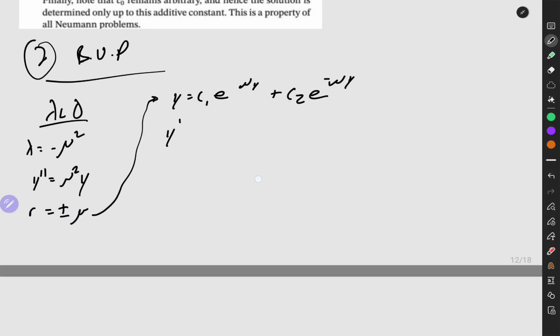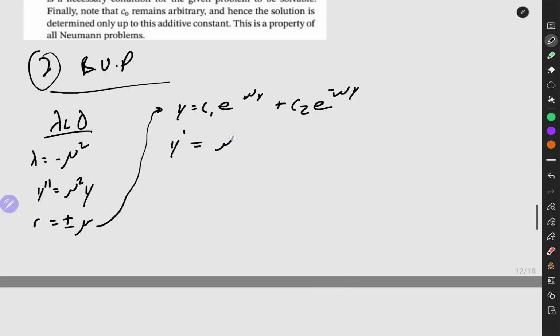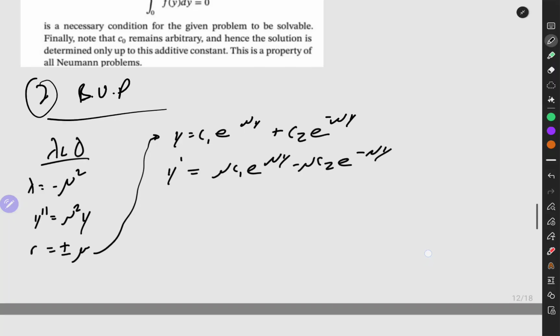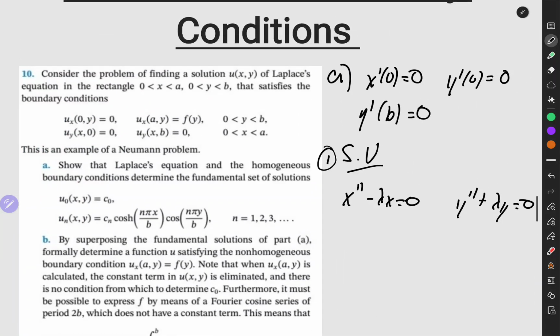Take the first derivative because we're going to need it. Right? Oh, I forgot to put the mu there. Yes. Okay, then we can go ahead and do y prime of 0 equals 0.